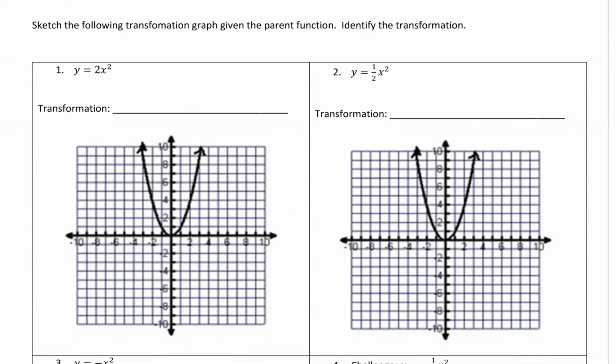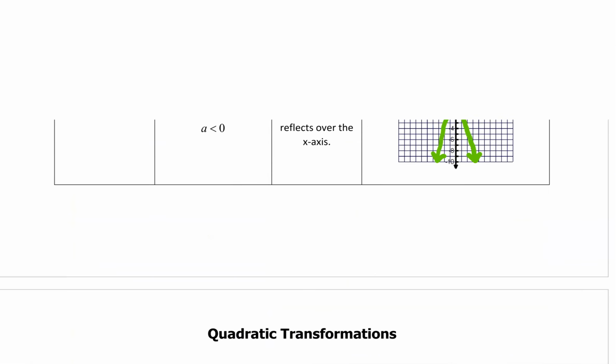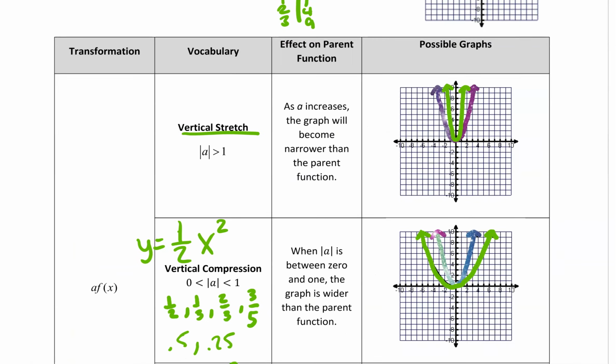So what we are to do is to sketch the following transformation given the parent function and identify the transformation. So first thing I'm going to do when I'm identifying the transformation, I'm looking at this value in front of x squared. Notice that the value is 2. And since that's the case, let's go up here and see. A vertical stretch is when the absolute value of a is greater than 1.